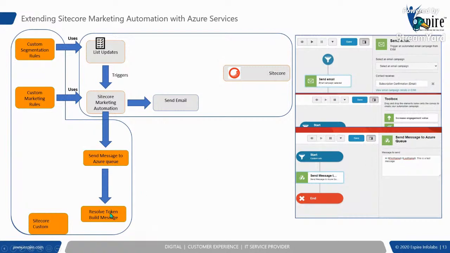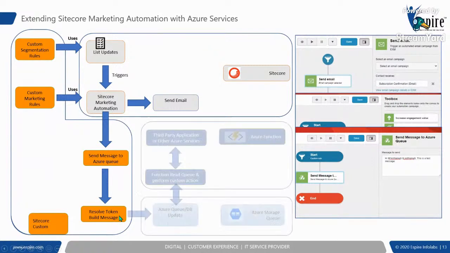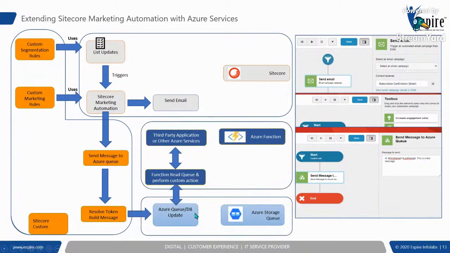So we have written a custom function again after this, which resolves all these tokens and adds our message to the Azure queue. So here you can see this method is just resolving and adding into the Azure queue.